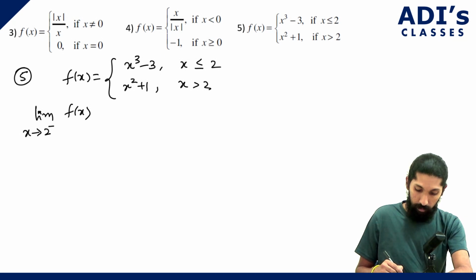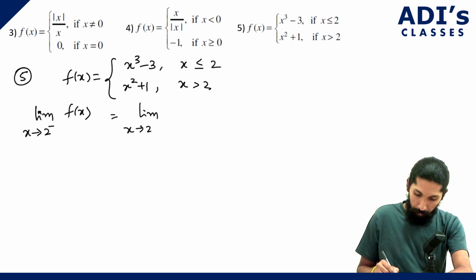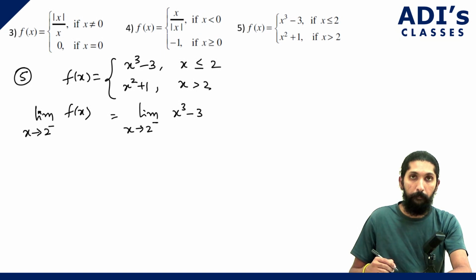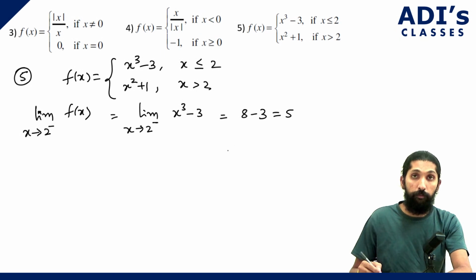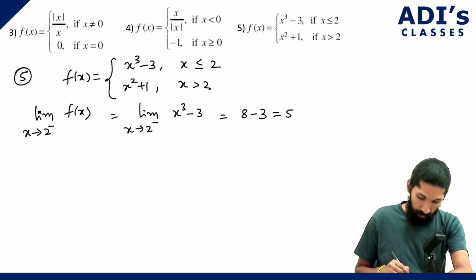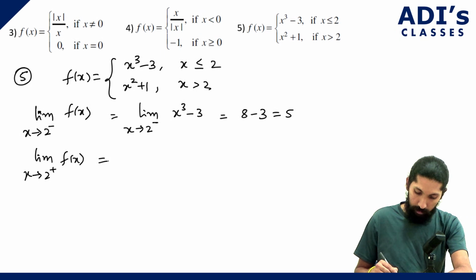Right? This is equal to limit x tending to 2 minus x cube minus 3. Correct? Since we have x cube minus 3, this is going to become 8 minus 3, which is 5. So 5 is LHL.